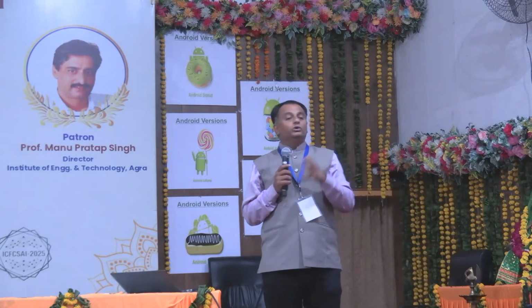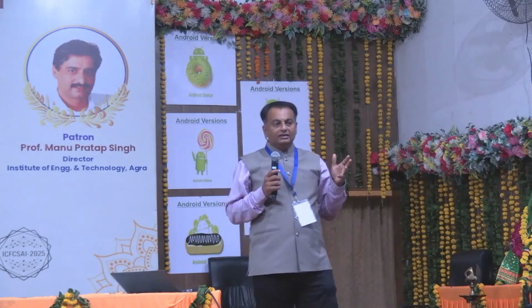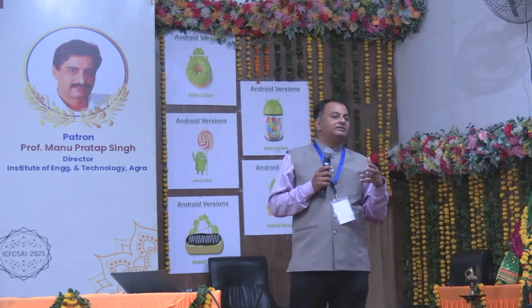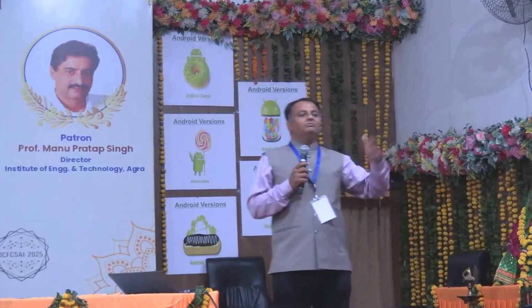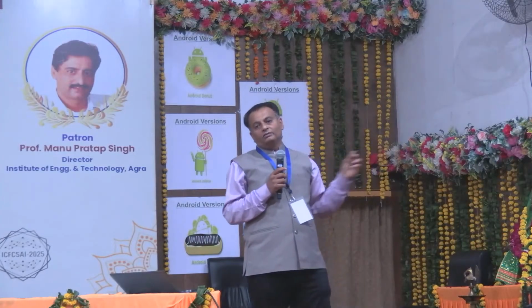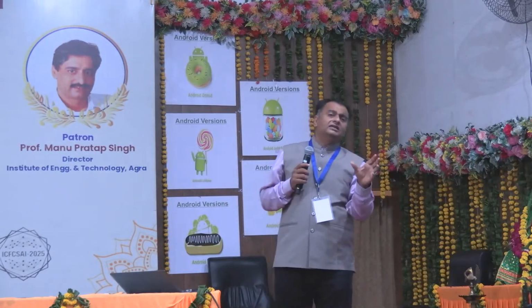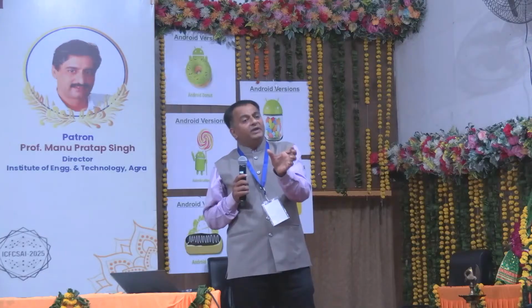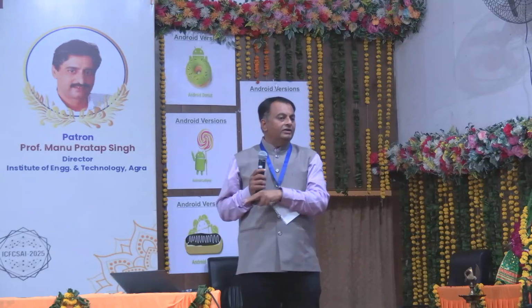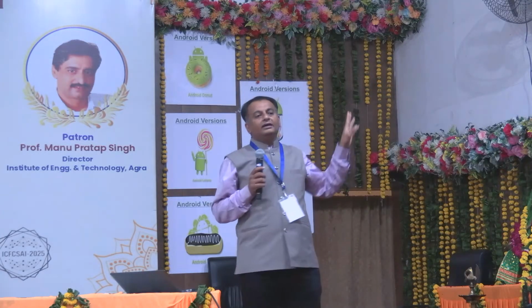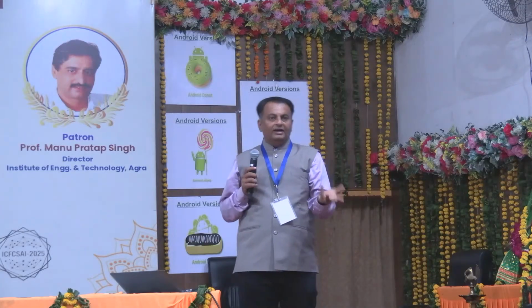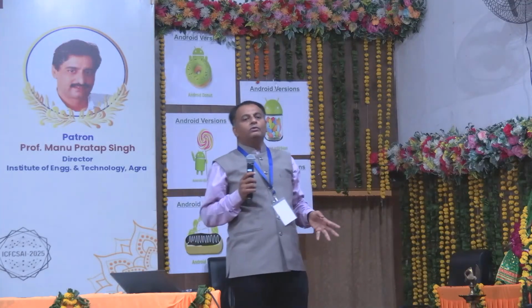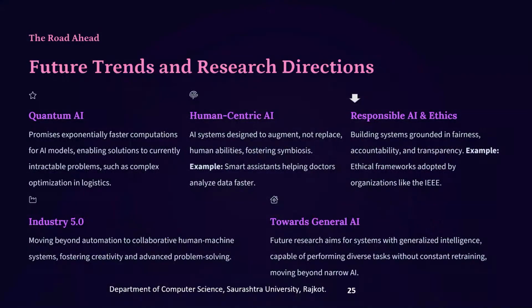If I pass a huge amount of data, currently this application requires years to process, but that can be done in minutes with quantum AI. Quantum processing uses a qubit. Instead of our binary computer's 0 and 1, here it is a qubit. That way it gives you high processing power.